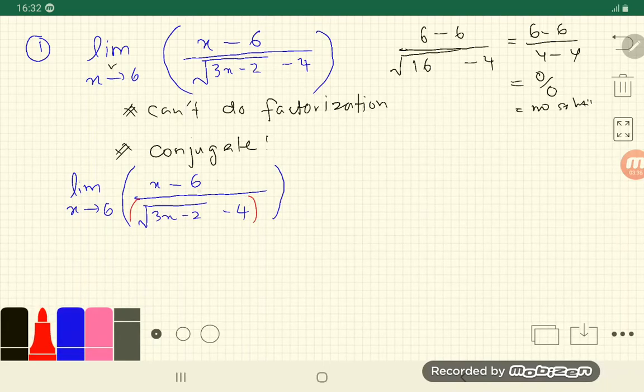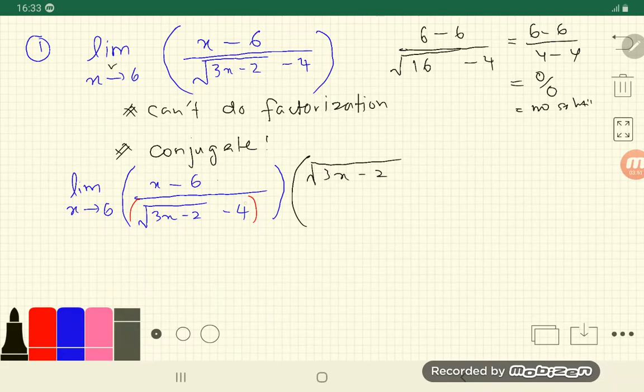So if you can see here, the square root is on this part, so we are going to find the conjugate for this one. The conjugate is the square root of 3x minus 2, and because we have the negative 4 here, we change it for the conjugate, so it will be plus 4.